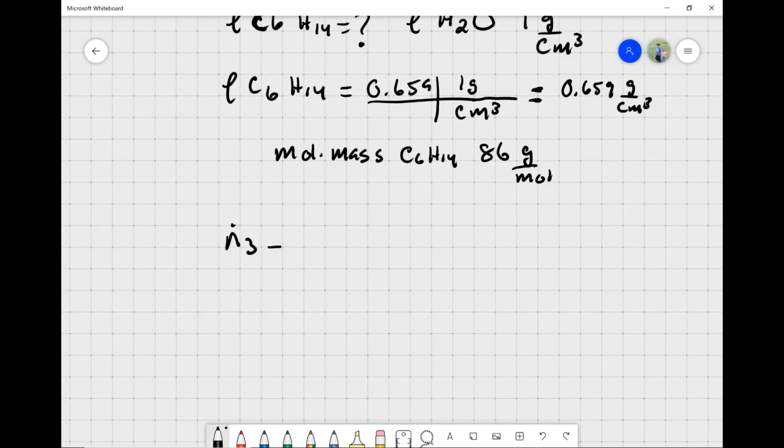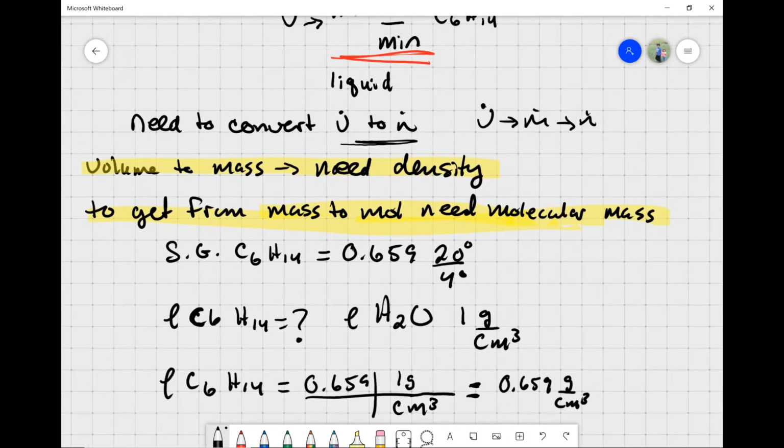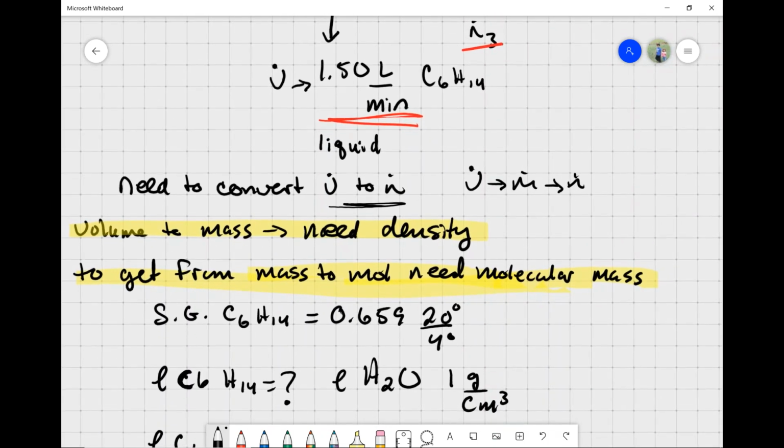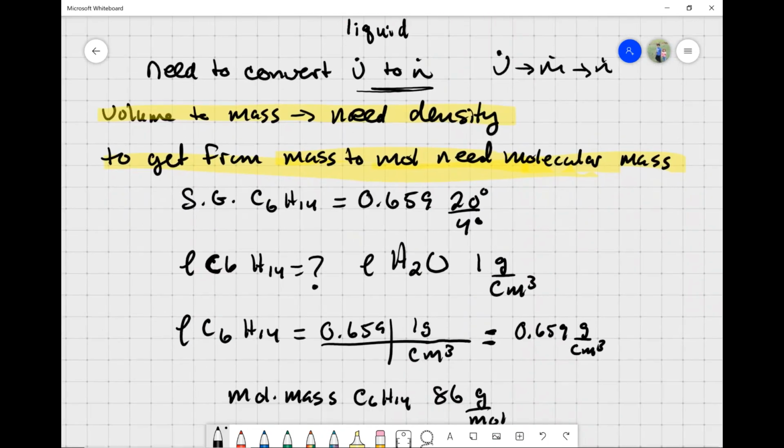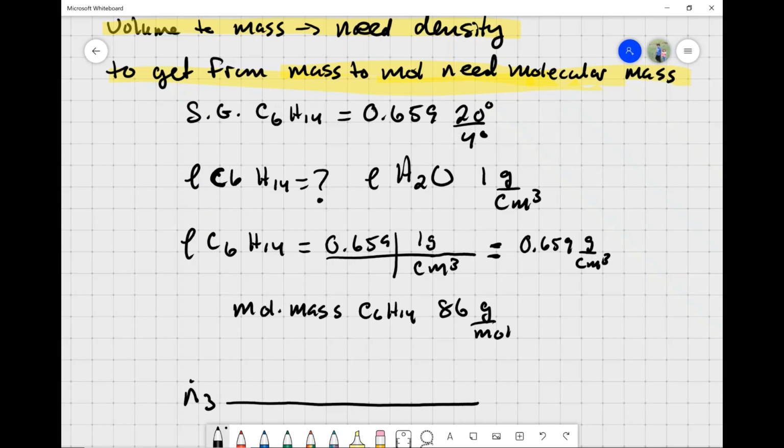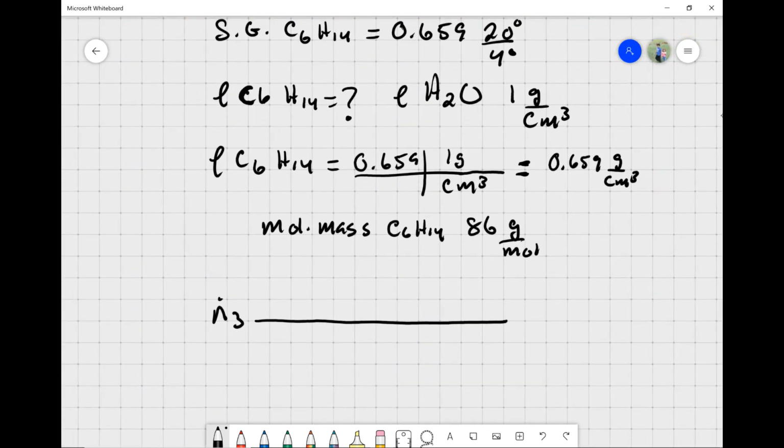All right, so to get N3, we're going to start off with our volumetric flow rate of C6H14, and it is 1.5 liters.